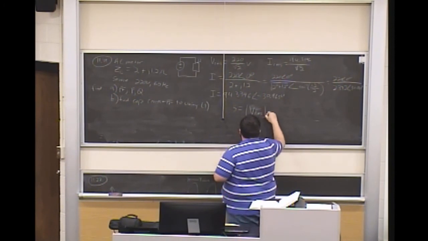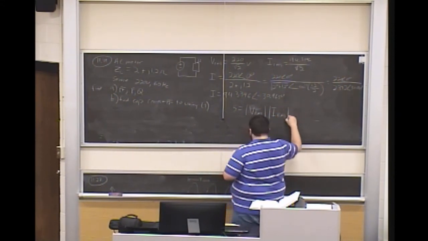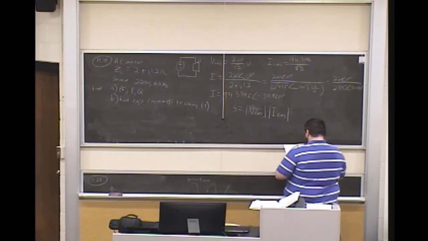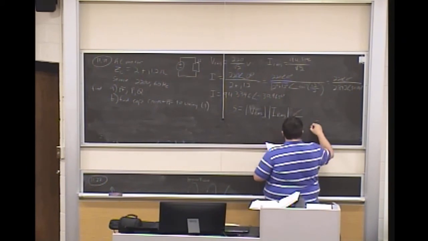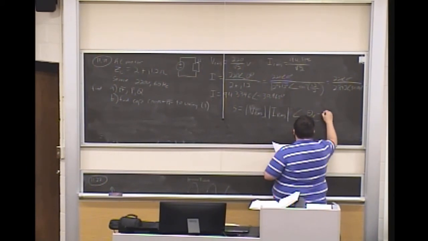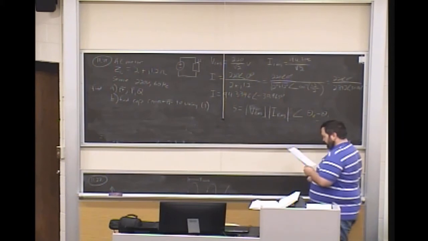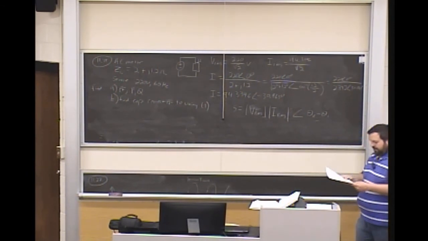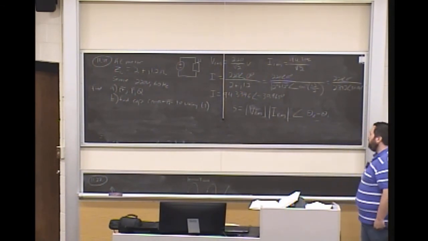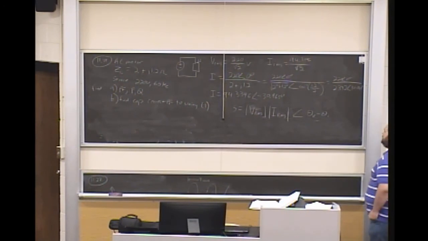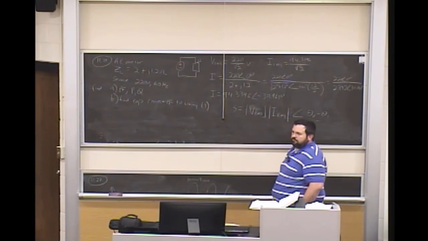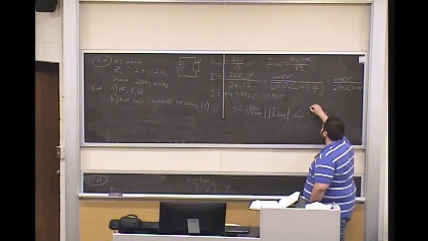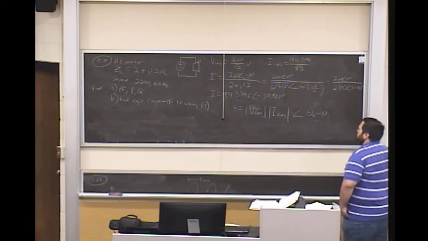VRMS times the magnitude of IRMS, well, actually, I can write it as a phasor. I'll write it that way, and then it becomes theta V minus theta I. Okay? And so, if I go ahead and do this out, what is my theta V? 0. I had no phase offset. What's my theta I?